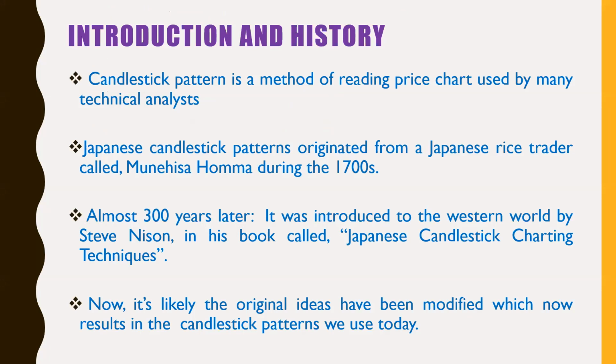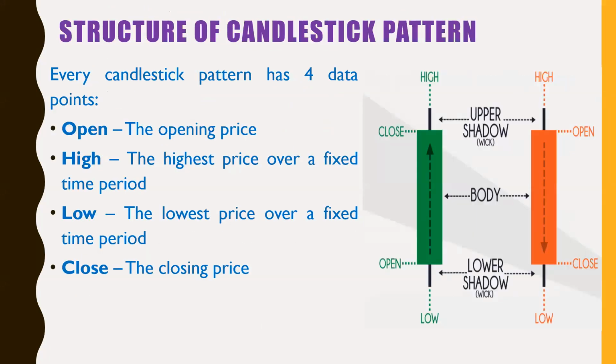So as I mentioned, each candlestick has the four main components. If it is a green candle, it means it's bullish. In a bullish candle, the close price will always be higher than the open price.